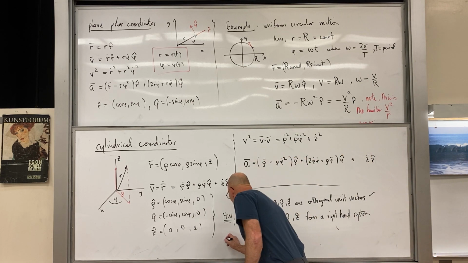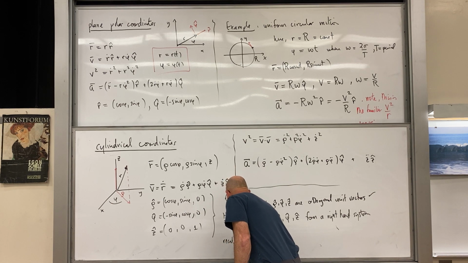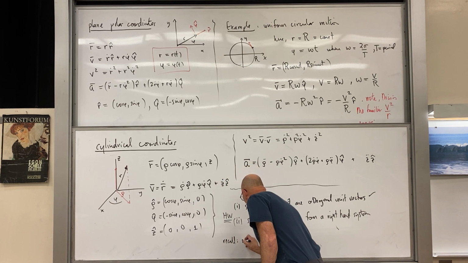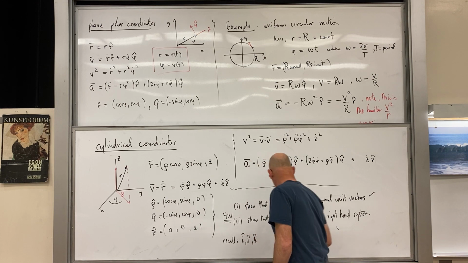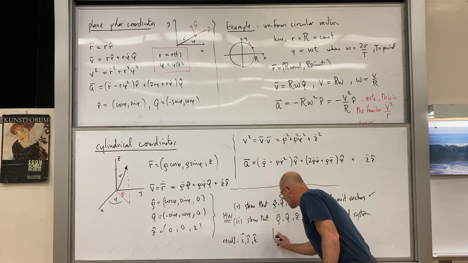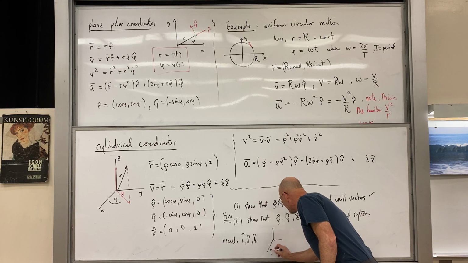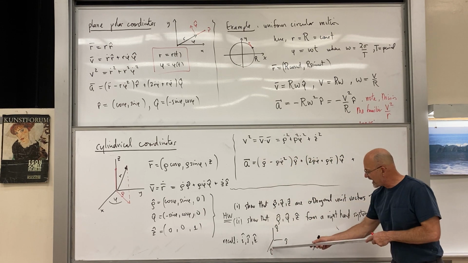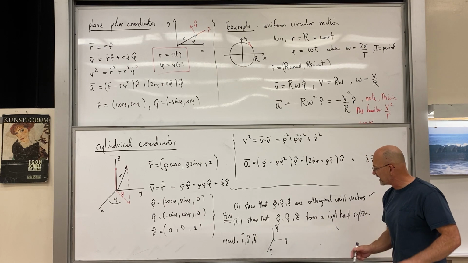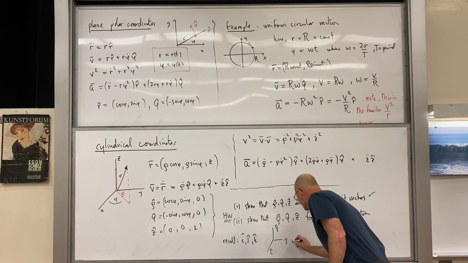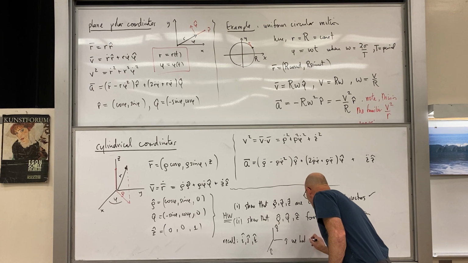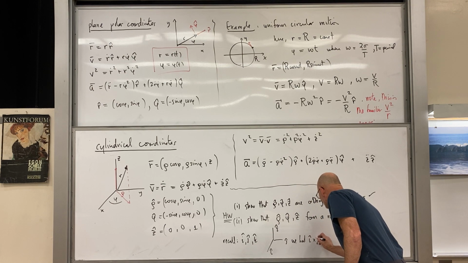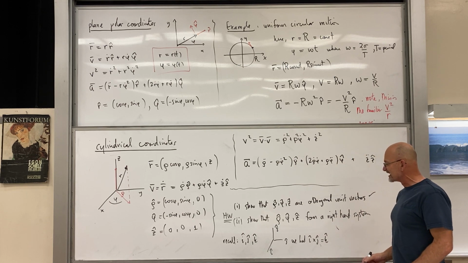So I'll just write, recall for i hat, j hat, and k hat, I'll just do the little picture here. i, j, k. For these we saw that i hat cross j hat equals k hat and cyclic.